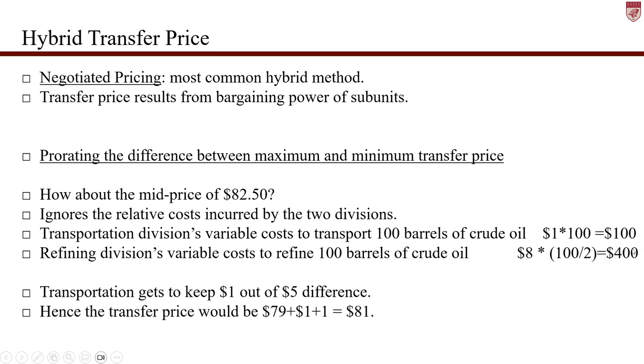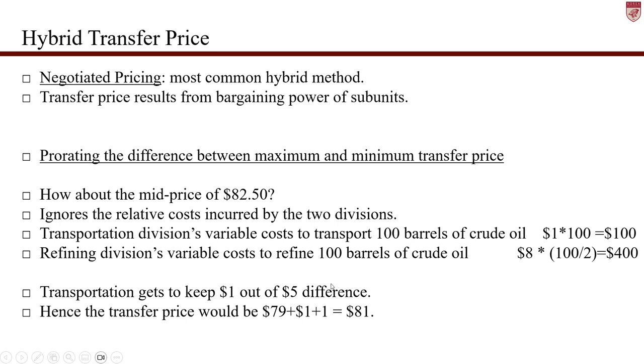And actually we can take this into account when we prorate. Out of the $5 difference in the range, so $5 difference means $80 to $85, right? Transportation can keep $1 out of the $5 difference.